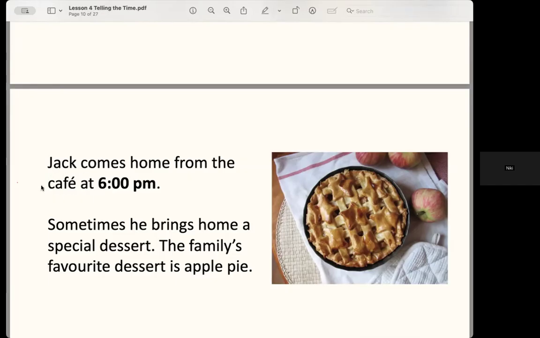Can you say this word? Beautiful. Okay, well done.